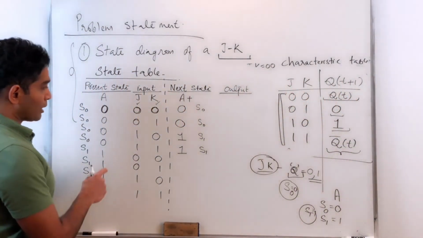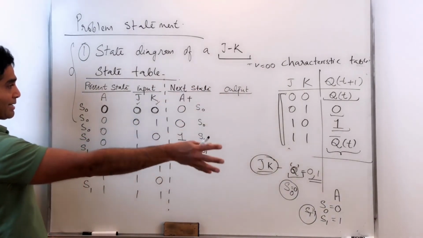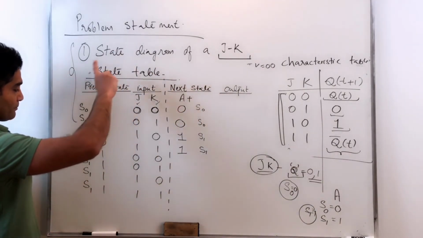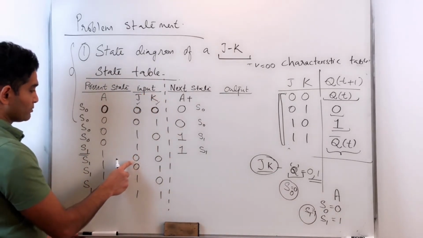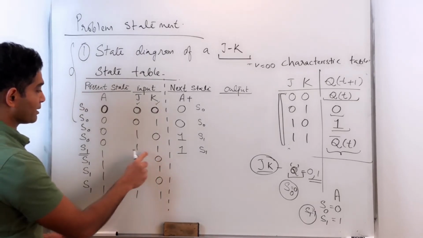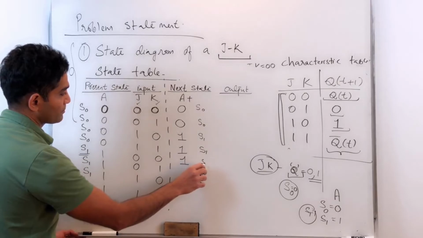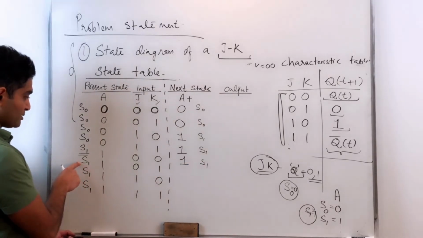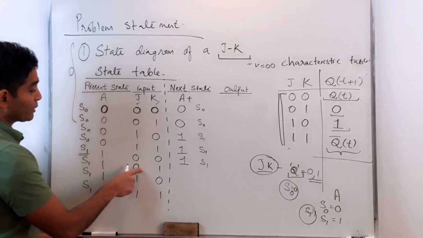All I'm looking at is the state diagram and trying to translate that information to the state table. So I'm in S1 state, input of JK equal to 0, 0 occurs. Thus, I remain in the same state, which is the 1 state. I'm in S1 state, which is state variable A equal to 1. Input of 0, 1 occurs.